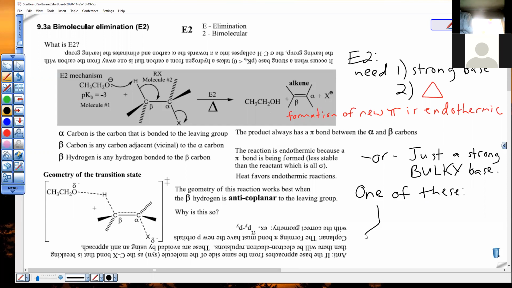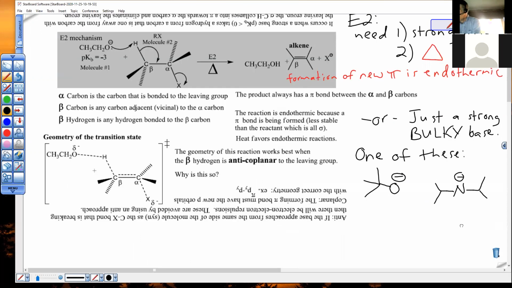We got a tertiary carbon with an O minus, the conjugate base of tert-butyl alcohol. And we'll do some nitrogen ones too. Kind of hard to make the tertiary version, but hey, nitrogen can have 2 groups. See, they're bulky. Isopropyls on each side.